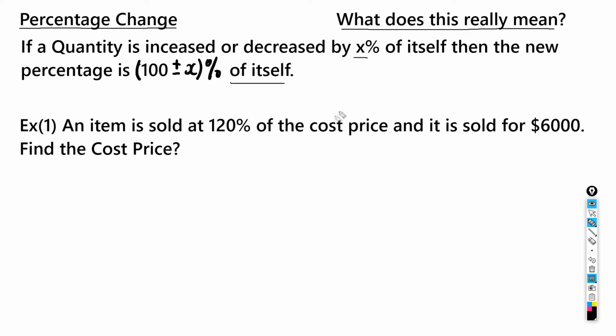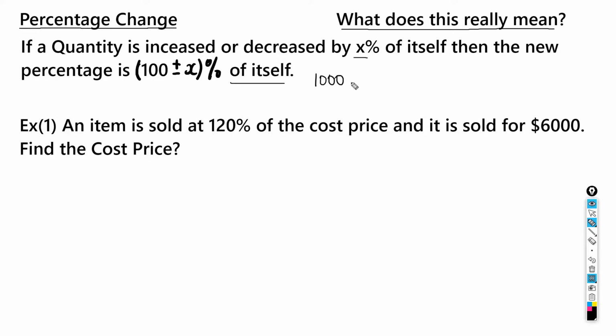I'm going to give you an example before we look at this one. Let's say you have $1,000 and you put it in the bank, and this amount increased by 10%. To find how much it increased by, you could multiply the $1,000 by 10% and then add it to the 1,000.